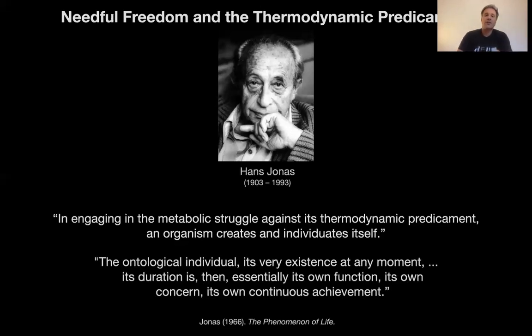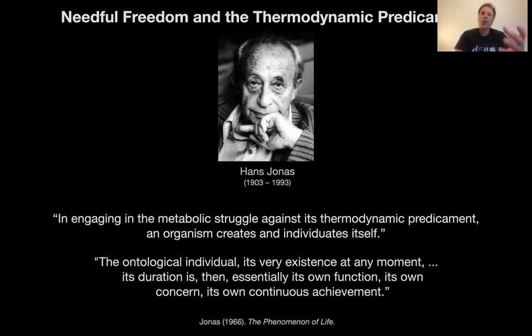The ontological individual, its very existence at any moment, its duration, is then essentially its own function, its own concern, its own continuous achievement. And achievement, these words you don't hear in biology. The organism's concern is to live, its achievement. These are heavily teleological terms.